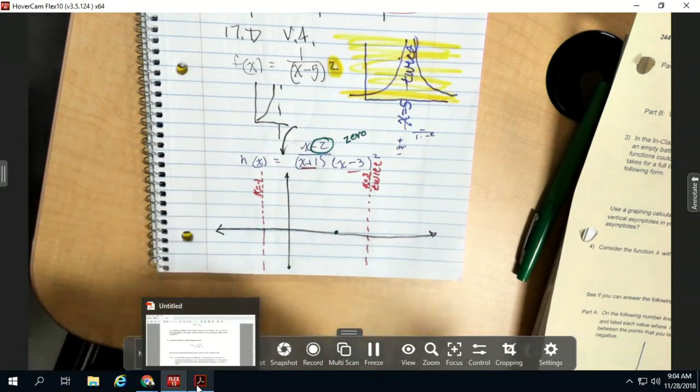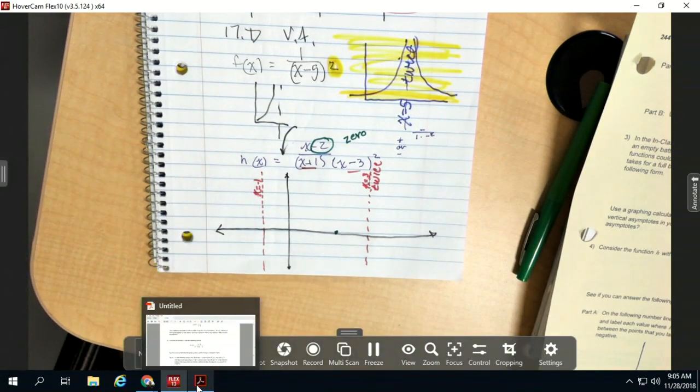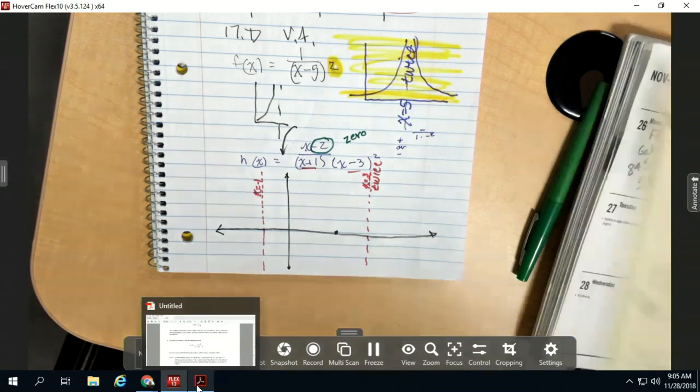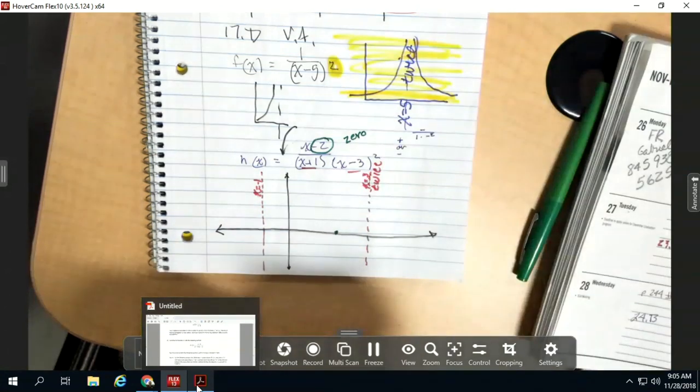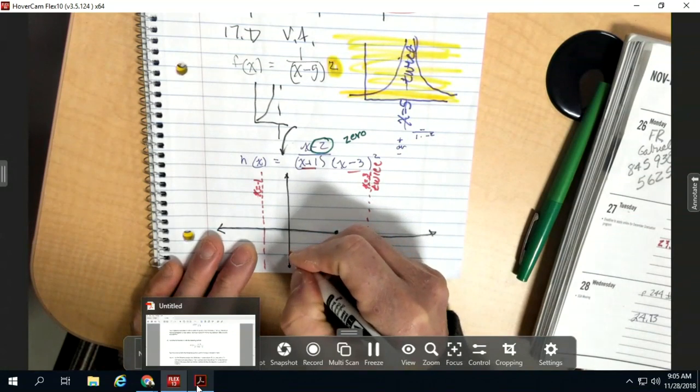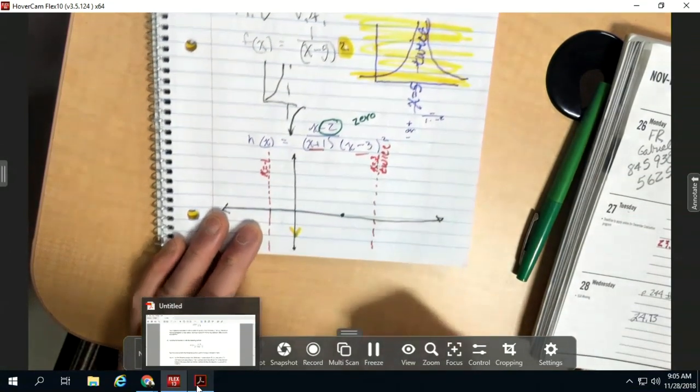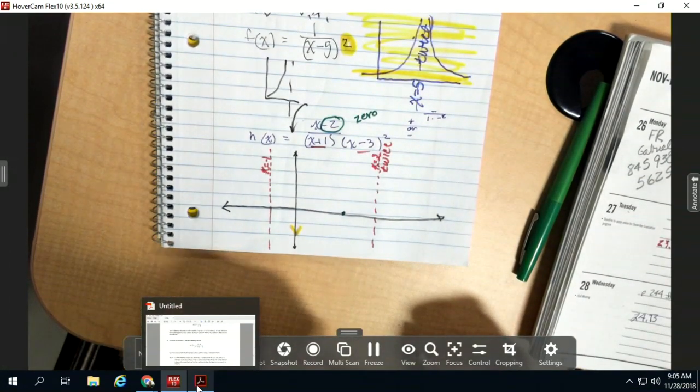What is a negative number? What is a negative number squared? So what's the sign of the denominator? So what's the sign of the function at 0? It's going to be down here, right?